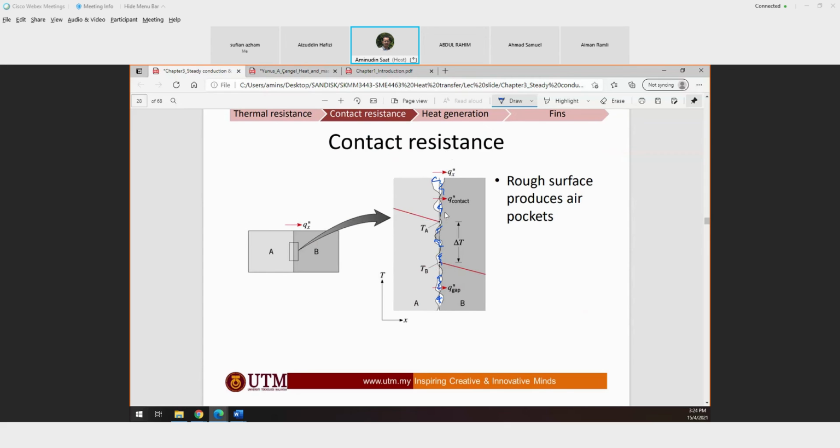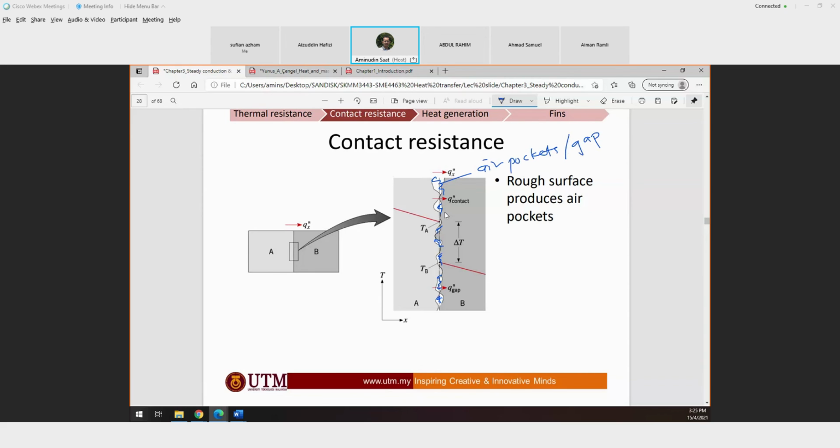There will be some defect in terms of surface roughness, and because of the different surface roughness, when you combine, there will be pockets, or sometimes they call it an air gap.